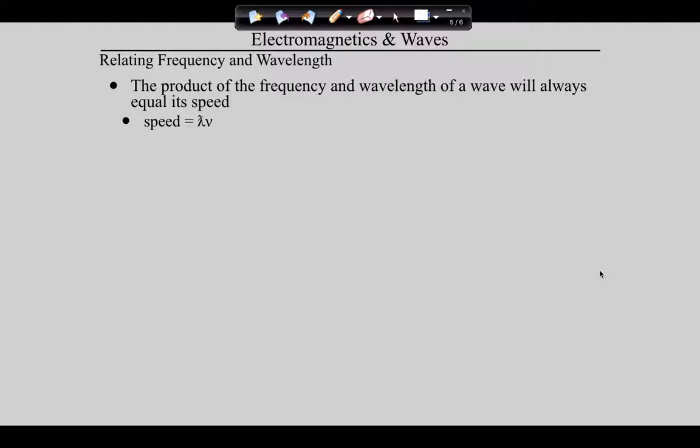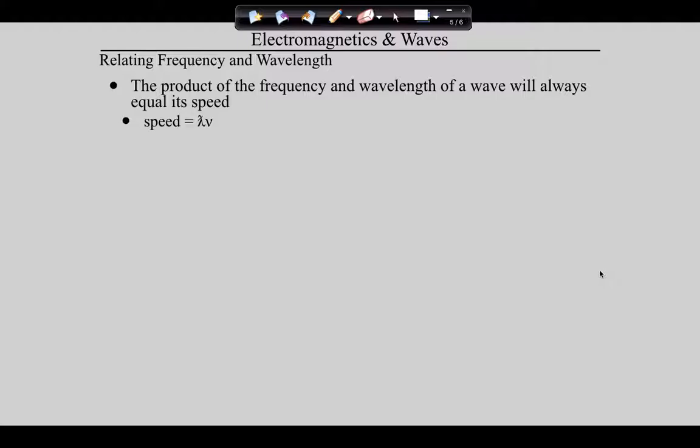Is this true? It is. But guys, why is it true? Well, put units on these numbers. Rewrite the word speed, then put equals, and then put the units for lambda and nu that you just learned.